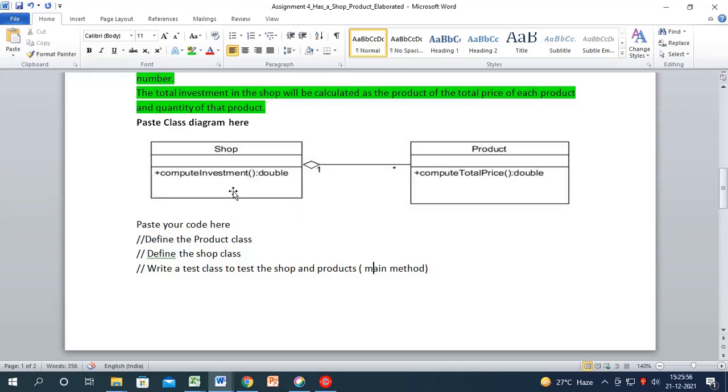Now you have to think, what does the has a relationship do? The has a relationship indicates that a huge task which is the responsibility of the container is distributed to various parts as small tasks, or one task which we say that a container is doing is actually done by a product, in the sense it is actually done by the part, right?